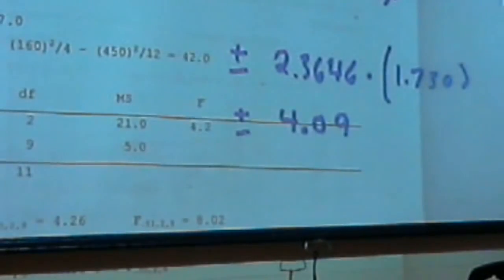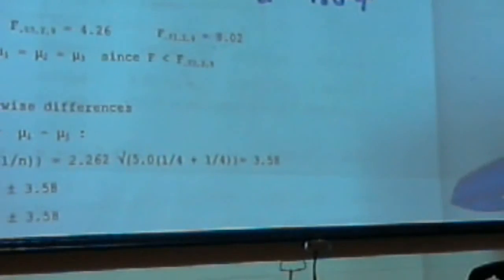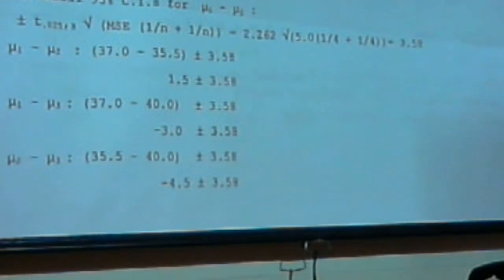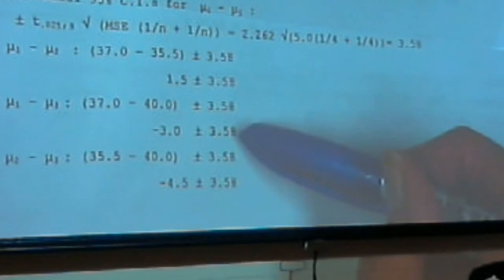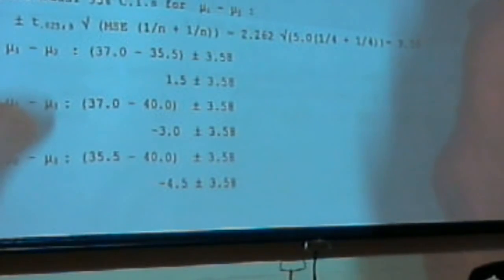So, all said and done, how does it compare to what we did here on the handout page itself? Okay, so we were comparing 1 versus 3, which is the middle case here. So here, with the middle case, we ended up with minus 3 plus or minus 3.58 using the assumption of equal variances, okay? Now, taking that away and not making the assumption of equal variance, we get plus or minus 4.09.